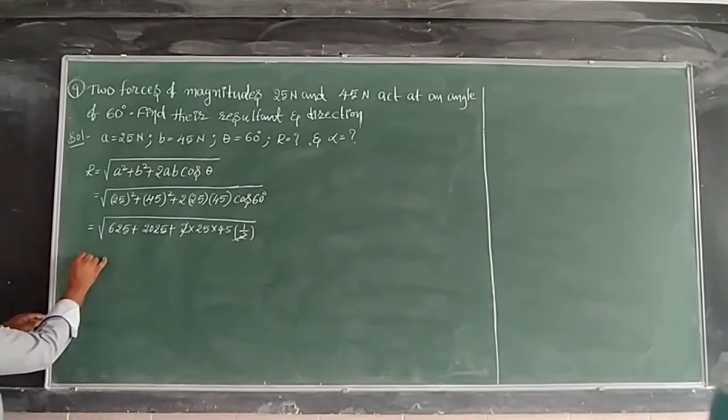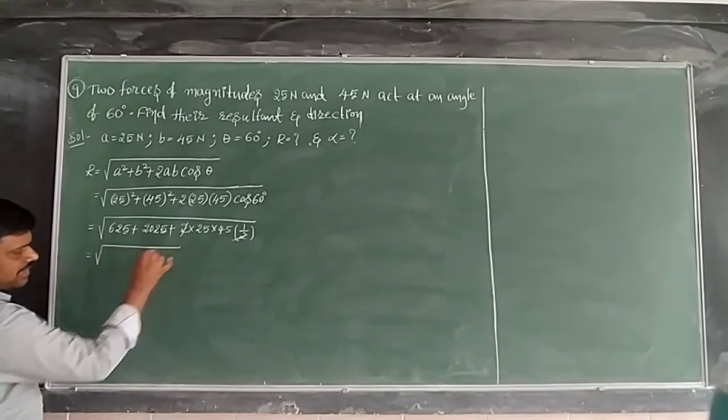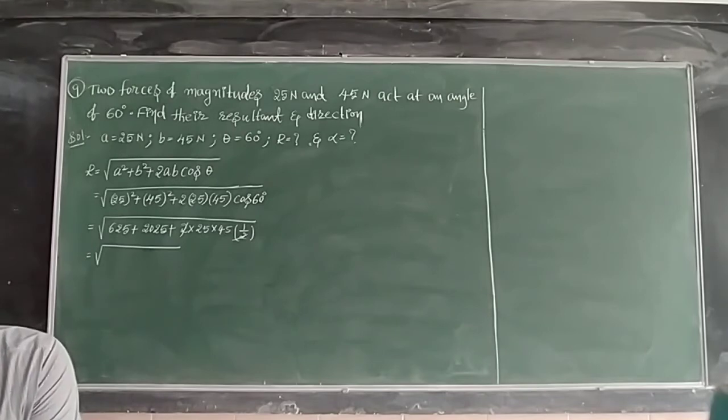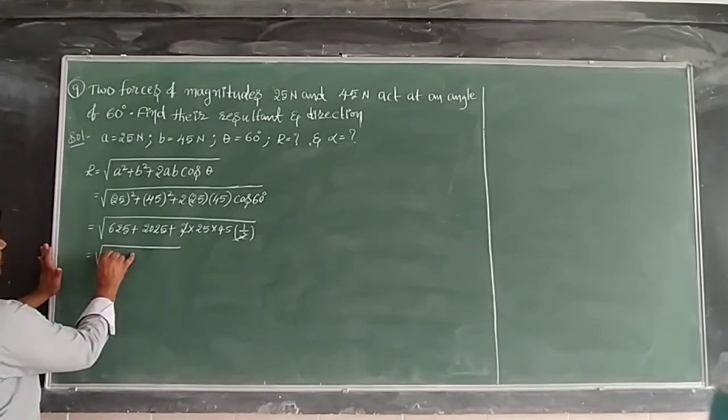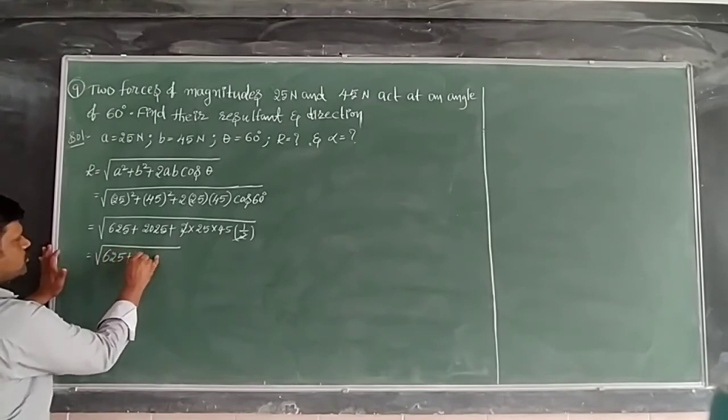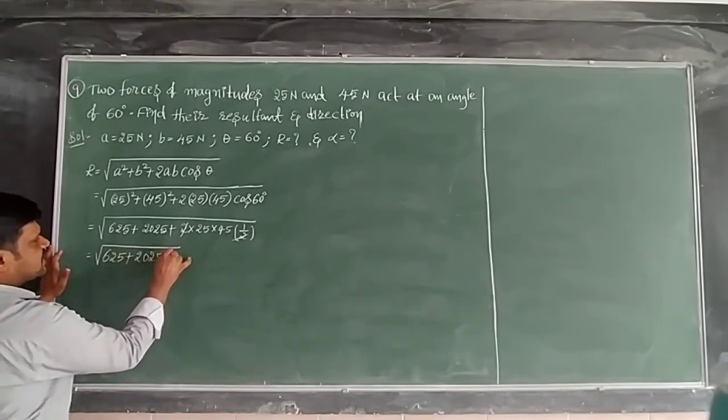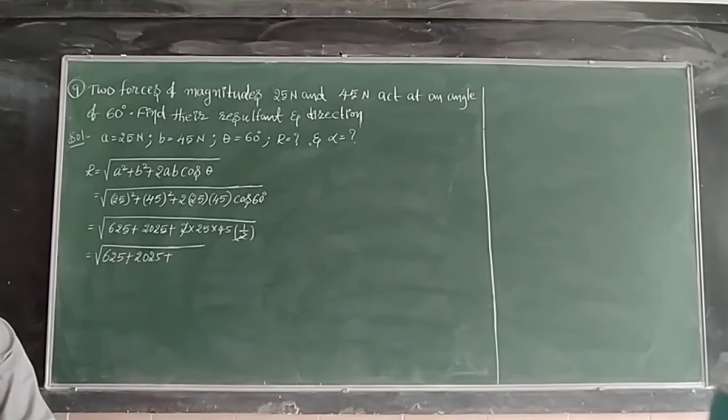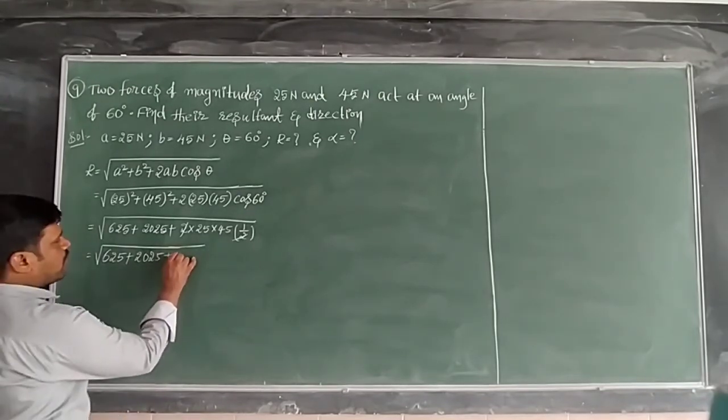After simplification, that is 625 plus 2025 plus 25 into 45, how much do you get? 1125.